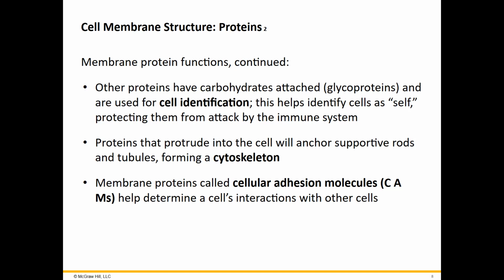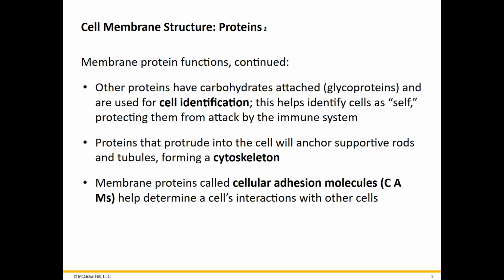Proteins are not the only thing on the phospholipid bilayer. There are also carbohydrates. Some of these proteins have carbohydrates attached to them that we call glycoproteins. Glyco, think glucose, think glycogen. It's another word for carbohydrate. So proteins that have carbohydrates on them are called glycoproteins, sugar proteins.